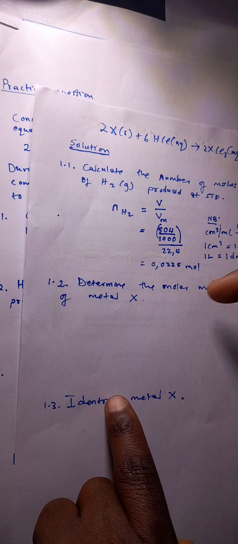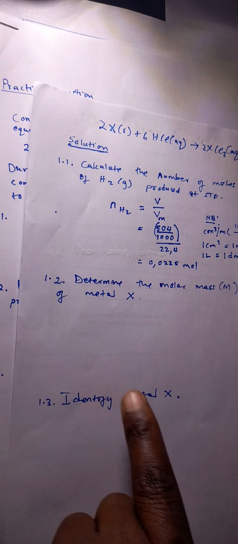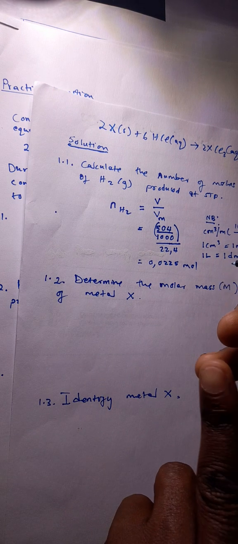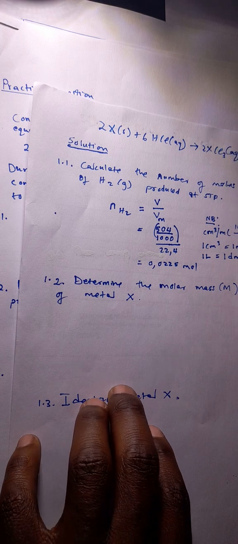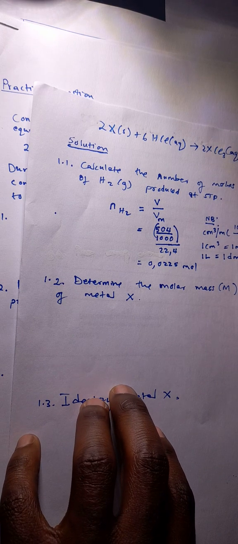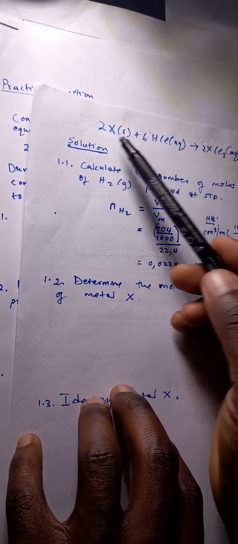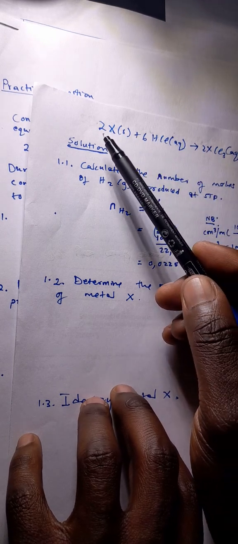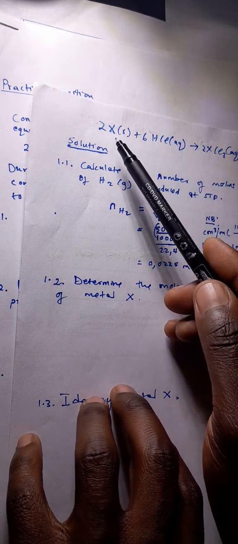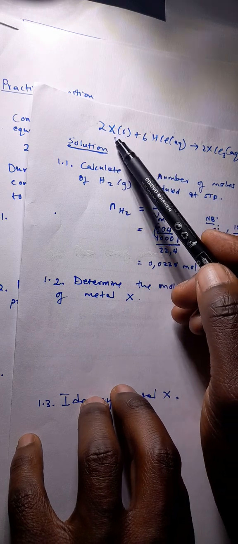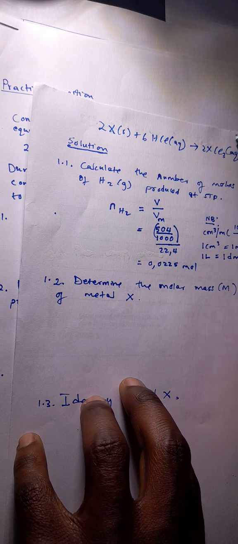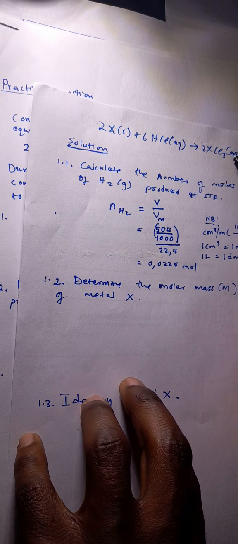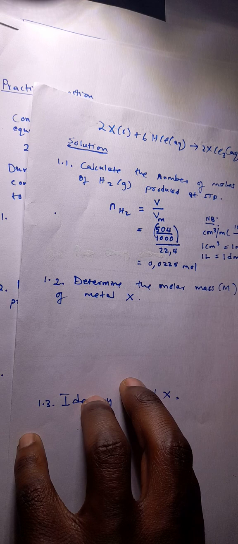Now I'm looking for the molar mass. If I have the mass and the number of moles, I can get the molar mass, but I don't have the number of moles of X. I have the number of moles of hydrogen that will be produced. Remember, the reactants and products are related in terms of moles: 2 moles of X solid react with 6 moles of HCl to give 2XCl3 aqueous plus 3 moles of hydrogen gas.